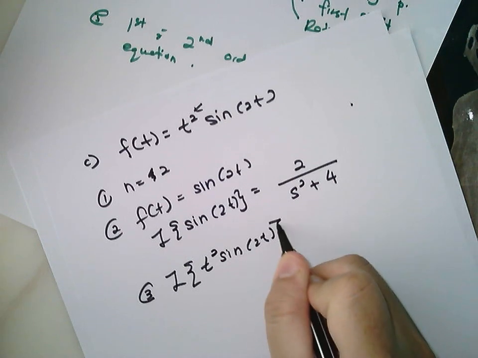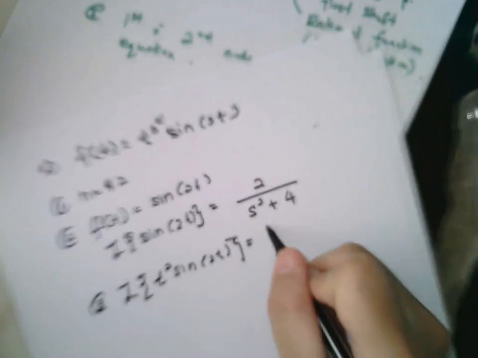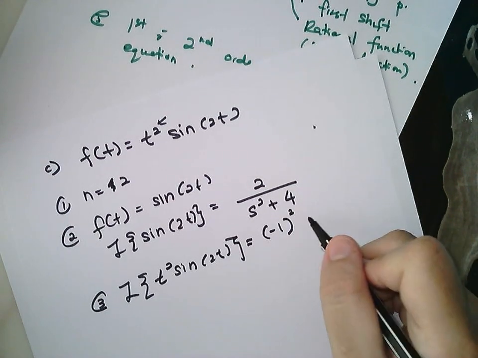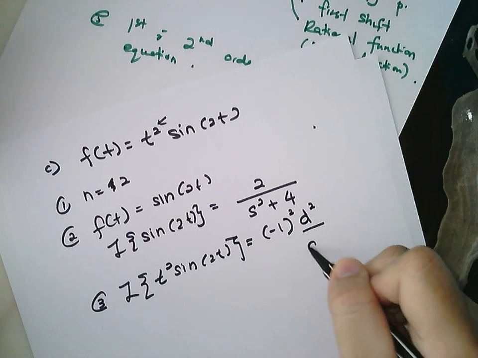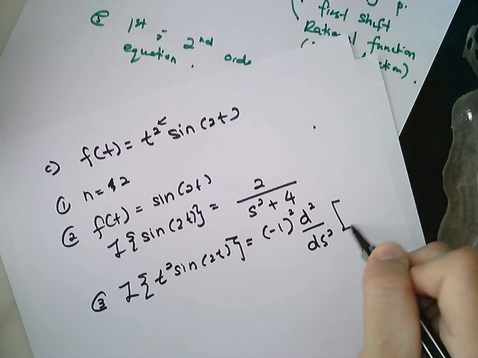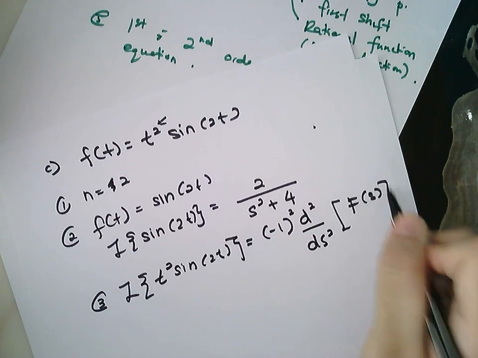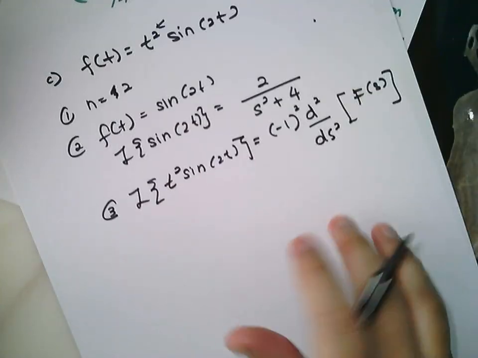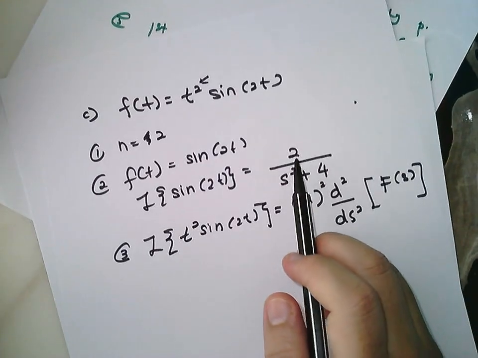Therefore this is equal to negative 1 to the power of 2, negative 1 squared, d squared ds squared of your F(s). So you need to differentiate this function twice.